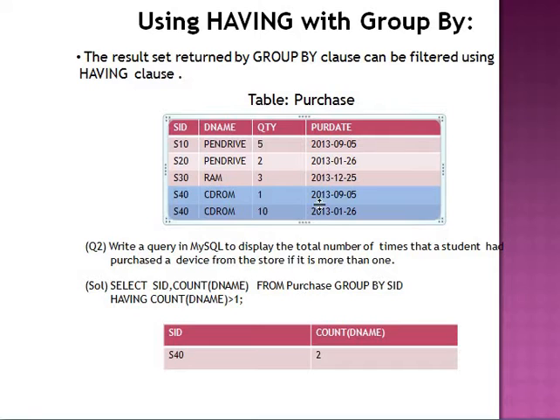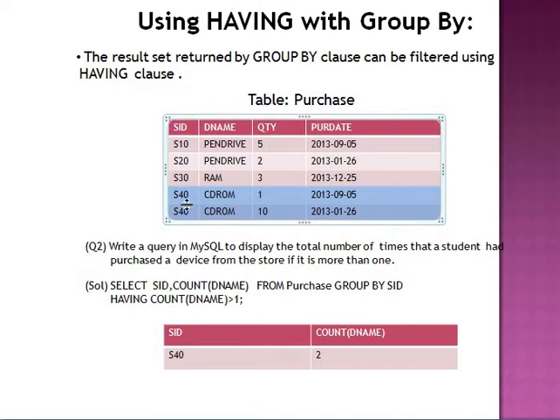But if you see here, the student bearing the SID value as S40 has first purchased 1 quantity of the device CD-ROM on this particular date, and then he has again purchased 10 quantities of the device CD-ROM on this particular date. That means the student bearing the SID value as S40 has purchased the device CD-ROM twice, firstly on this particular date and secondly on this particular date.